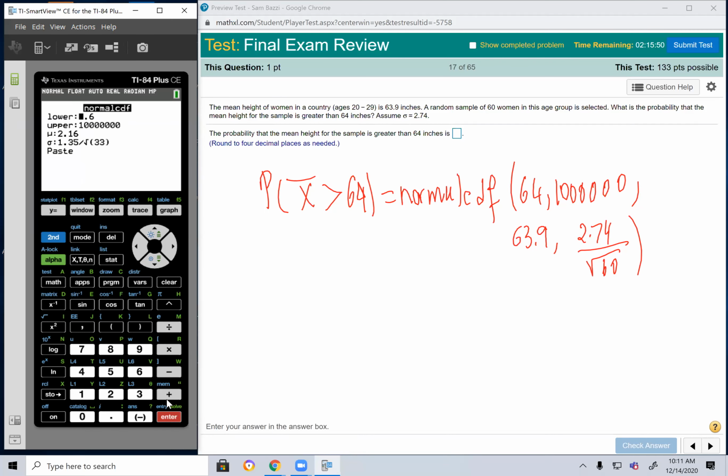Normal CDF. I got 64, a million, 63.9. And finally, 2.74 divided by square root of 60. There you go. So we get 0.3887.